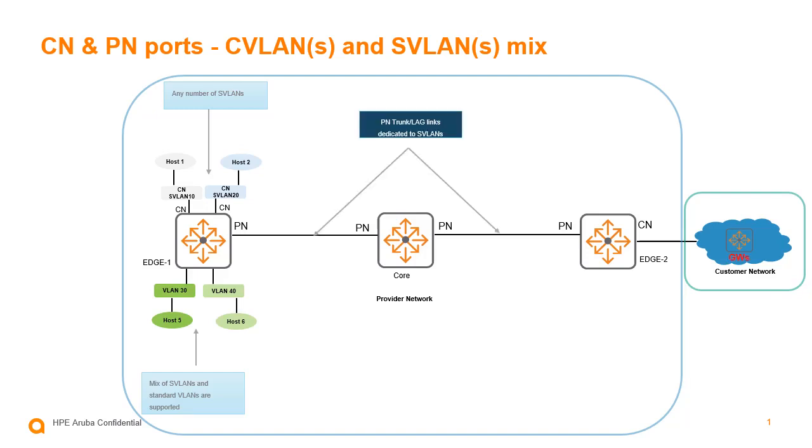So do note that provider network trunk lag links are dedicated to SVLANs. This means you cannot have SVLANs and standard VLANs mixed on the same provider trunk or lag link. So if you want to extend standard VLANs across your network, you do need to have separate trunk or lag links supporting those standard VLANs.